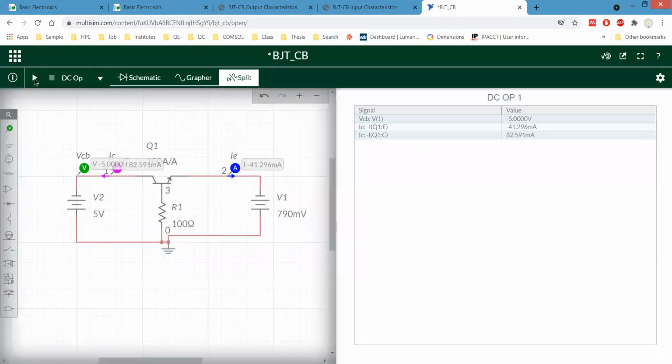Let's check the value. Okay, it is 5 volt. IE is 41 point. So that was a high value.